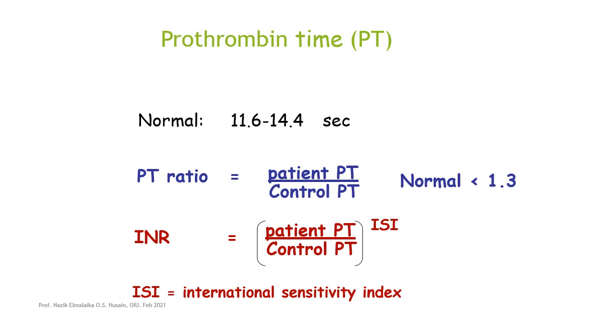The prothrombin time normally is around 11 to 14 seconds. There is a ratio called prothrombin ratio, and there is a standardization of the prothrombin time called the international normalized ratio. It is calculated using the patient prothrombin time and the control sample prothrombin time to the power of the International Sensitivity Index.